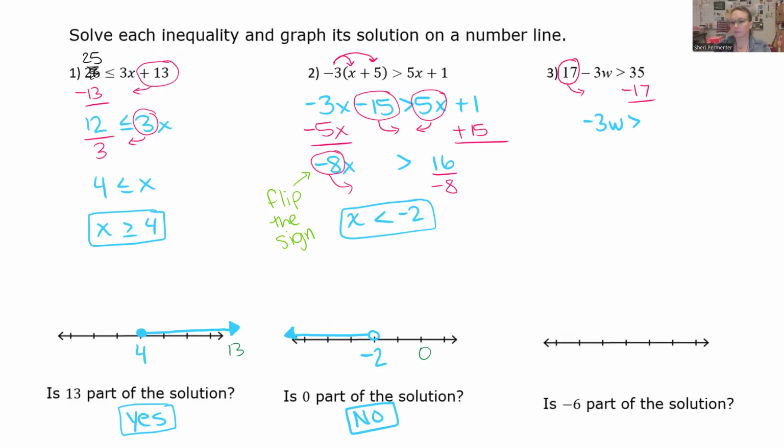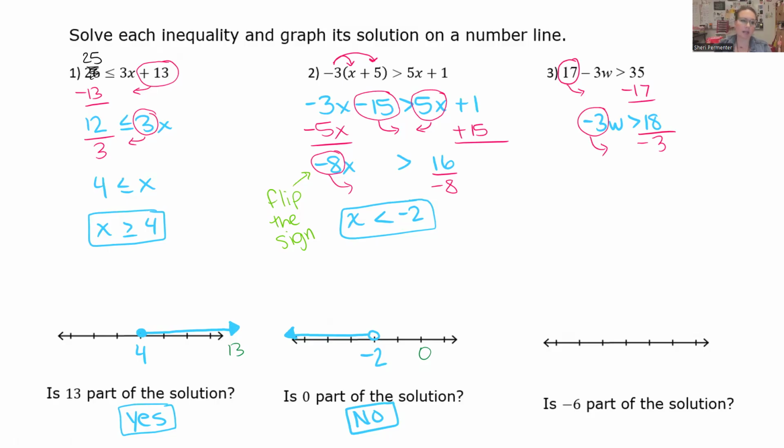35 minus 17. Yeah. 17. But 12. Yeah, I was thinking that doesn't feel right. 18. 18. All right, that feels better. So my last step is what? Divide by -3.